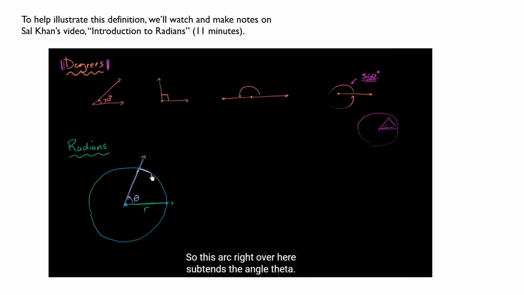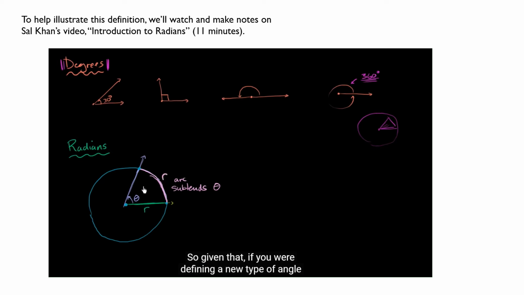So this arc right over here subtends the angle theta. So let me write that down. This arc subtends angle theta. Let's say theta is the exact right size, so that this arc is also the same length as the radius of the circle. So this arc is also of length r.